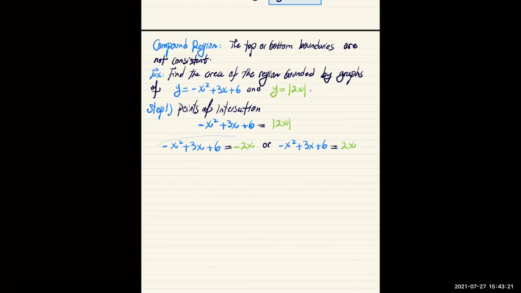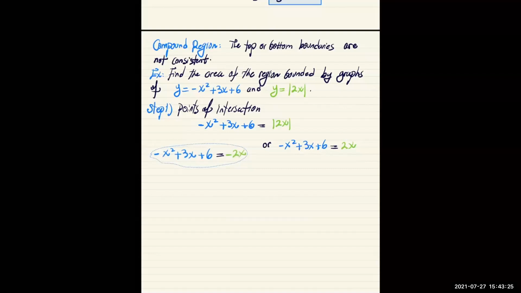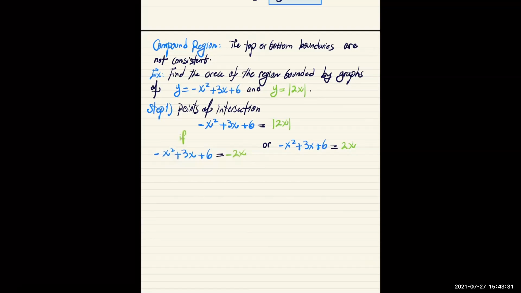So this first equation is true if x is less than 0. And this equation is true if x is more than 0. Does that make sense? Because of the definition of absolute value of x.